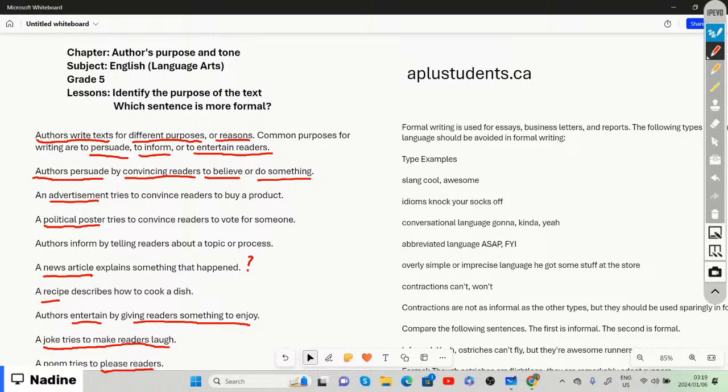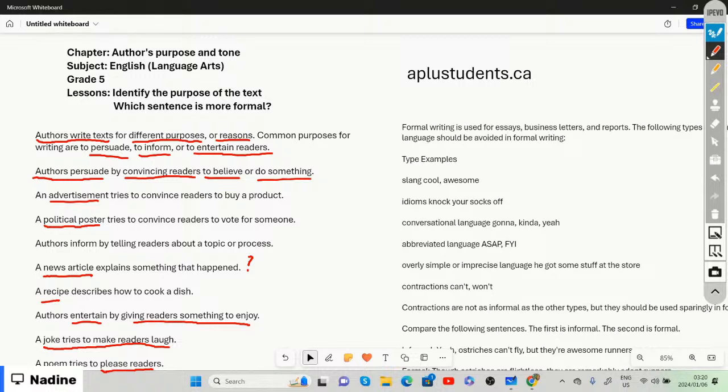So it is to please readers in the sense that you either feel something deeply about this specific poem because it touches you and it sounds more personal, or it is just a funny poem. You're being entertained by it, by the wording of the poems, the rhyming words of the poem, right?